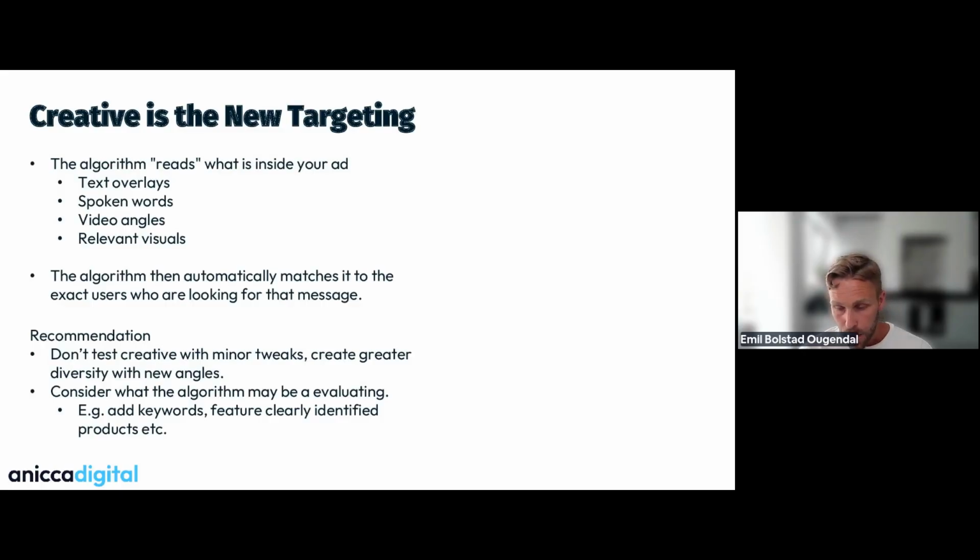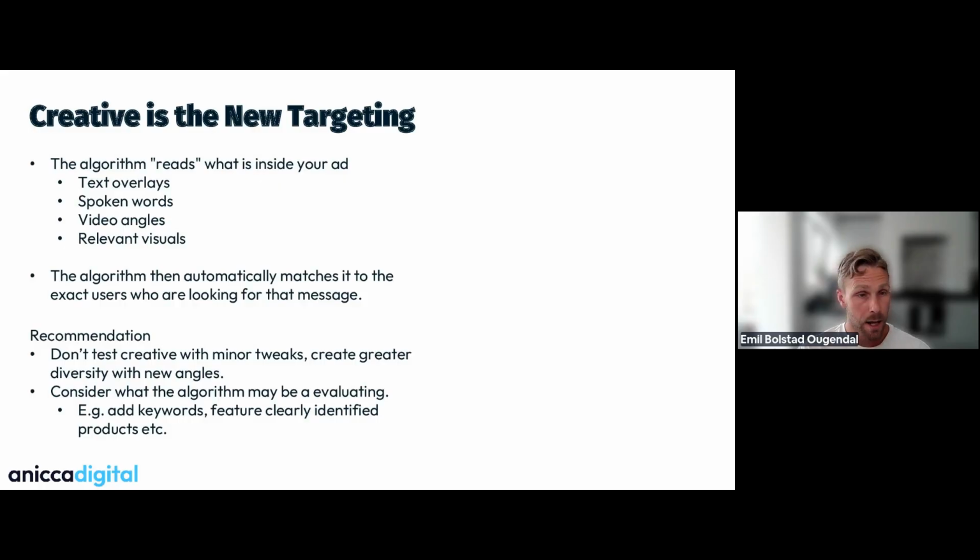So for example, if you have a video of someone reading a book and then in the text it talks about children's books and the voice talks specifically about a specific book series, then the algorithm essentially takes all that data and finds people they believe are interested in that.